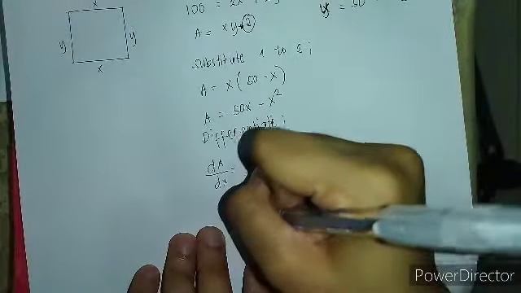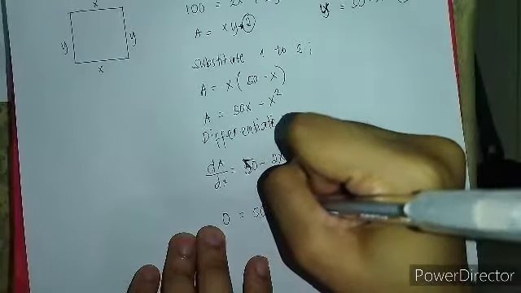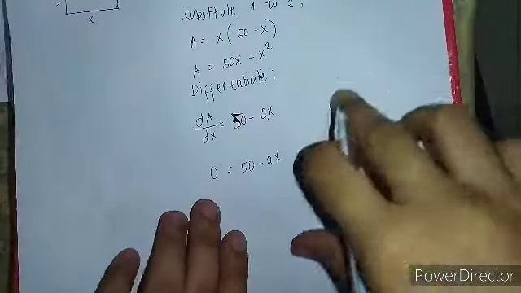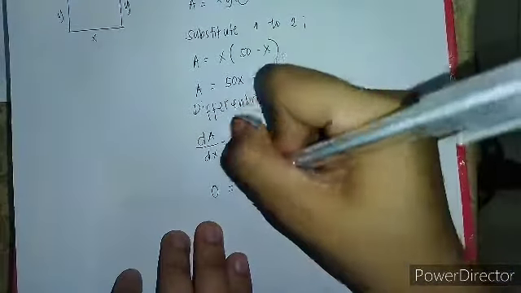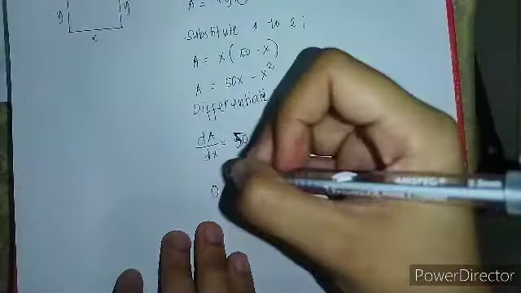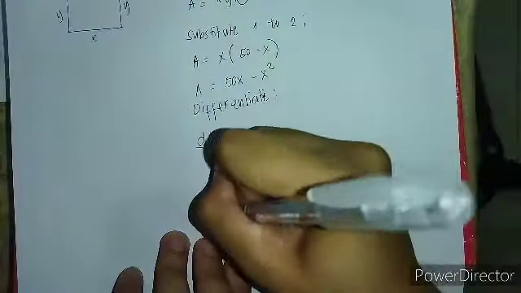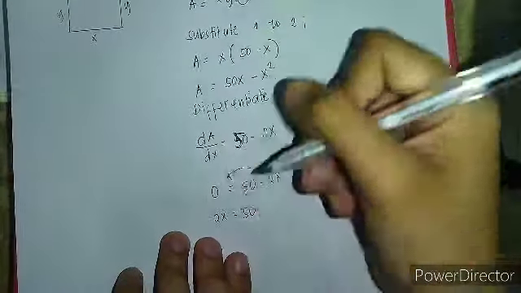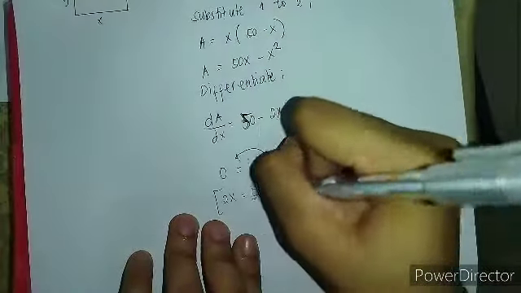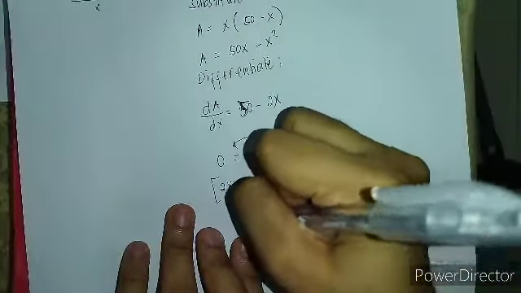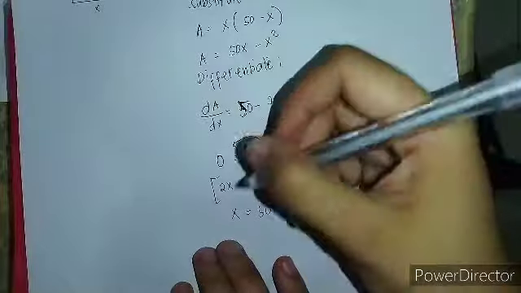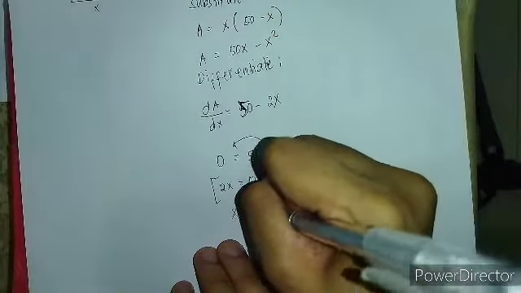So we have 0 is equal to 50 minus 2x. We transpose, so we have 2x equals 50. We can get the value of our x, which is 25.